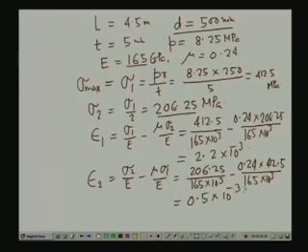Now, if you remember, for volumetric strain, e equals delta V by V, and for cylindrical containers we have e equals 2 epsilon 1 plus epsilon 2.